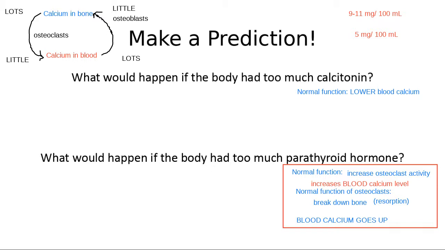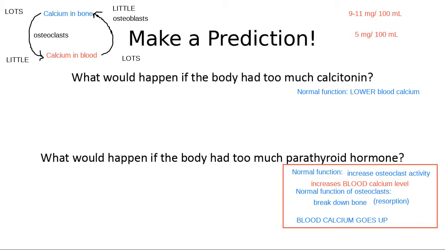But does anyone remember from yesterday's class, when an osteoclast hears calcitonin as its message, what happens? What does that cause the osteoclast to do?